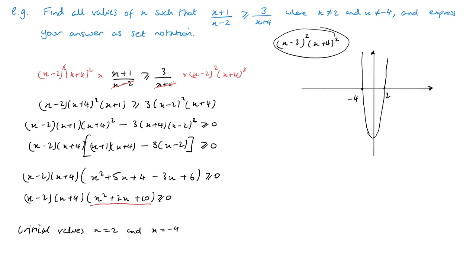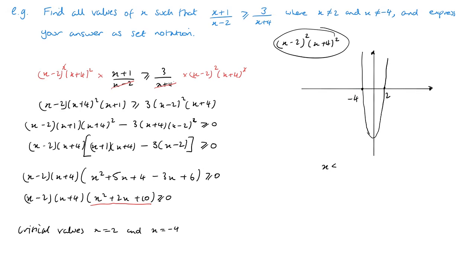But now I can go ahead and look at the solutions. So the solutions for here are when this graph is above the 0, so above the x-axis here. So it's going to be to the left of minus 4.